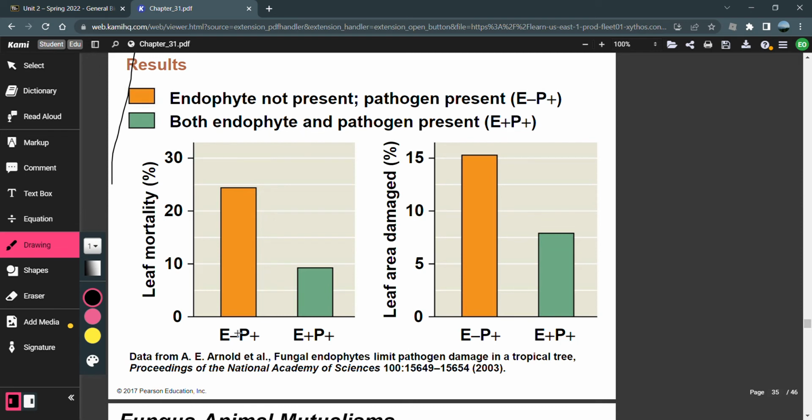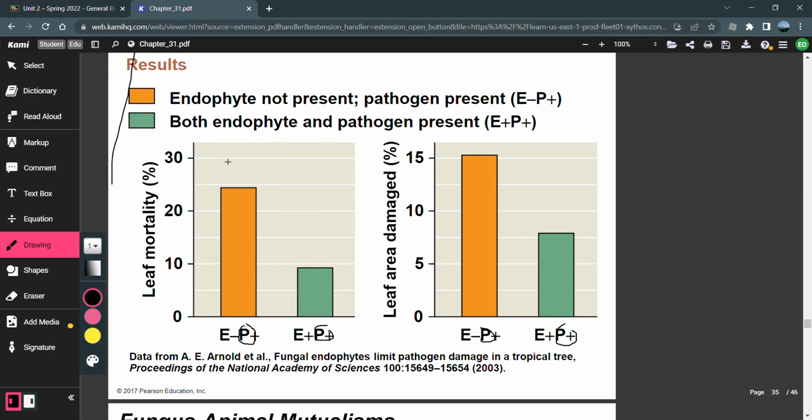Let me look at this real quick. Leaf mortality percent. Here we have the pathogen present right here. And the endophyte is a type of mushroom that the cocoa plant has.